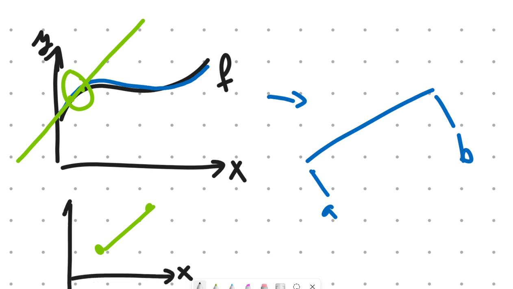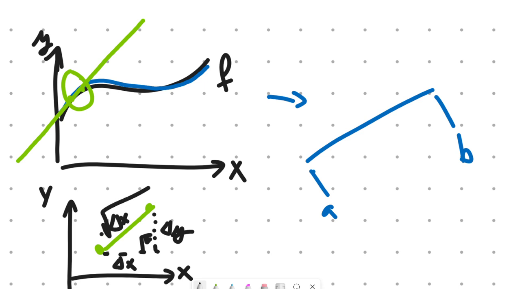So now if this is the x coordinate and this is the y coordinate, this is going to be the width of x, so it's delta x, and this is going to be the width of y, so it will be delta y. Since we have a triangle with a 90 degree angle in it, we can say that the hypotenuse is equal to the square root of delta x squared plus delta y squared.